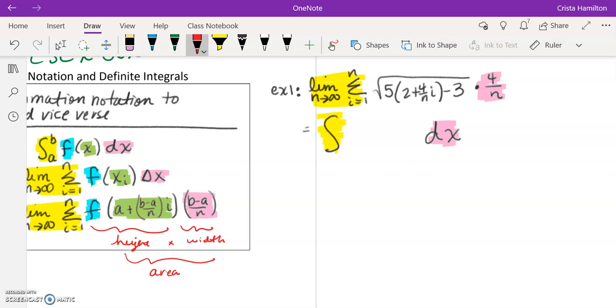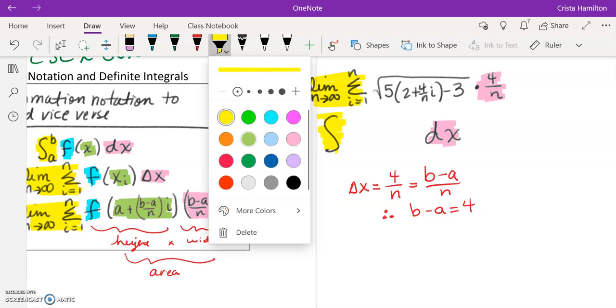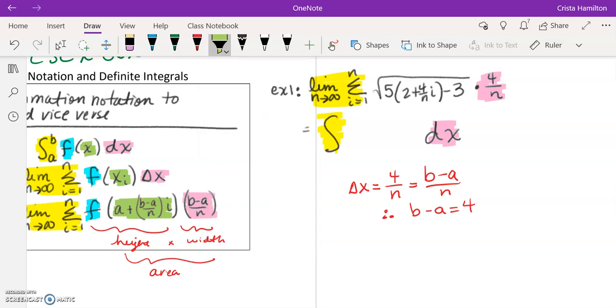So the first thing is I actually use the delta x. Once I have delta x is 4 over n, I'm going to remember that that's b minus a over n. So right now, we know that b minus a is equal to 4. The other thing that I am going to look at is what's inside of the function. So I'm trying to identify where the quote-unquote right endpoint is.